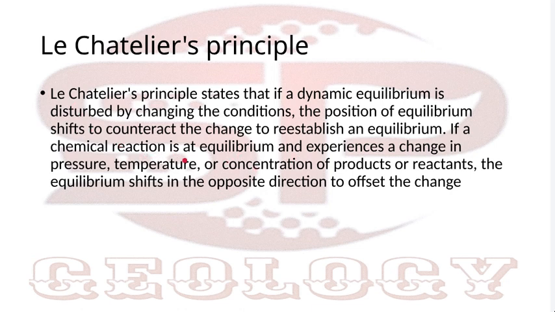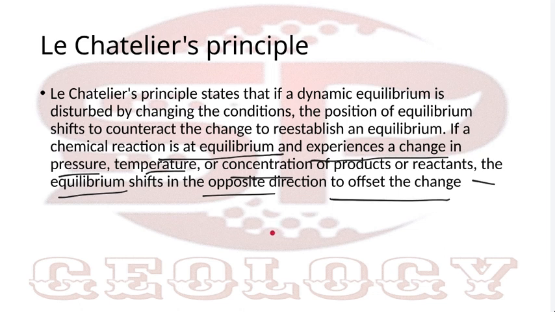So, for a chemical reaction at equilibrium, if it experiences a change in pressure, temperature, or concentration of products or reactants, anything, the equilibrium shifts in the opposite direction to offset the change. Suppose the product has more concentration, then it will move towards the reactant.